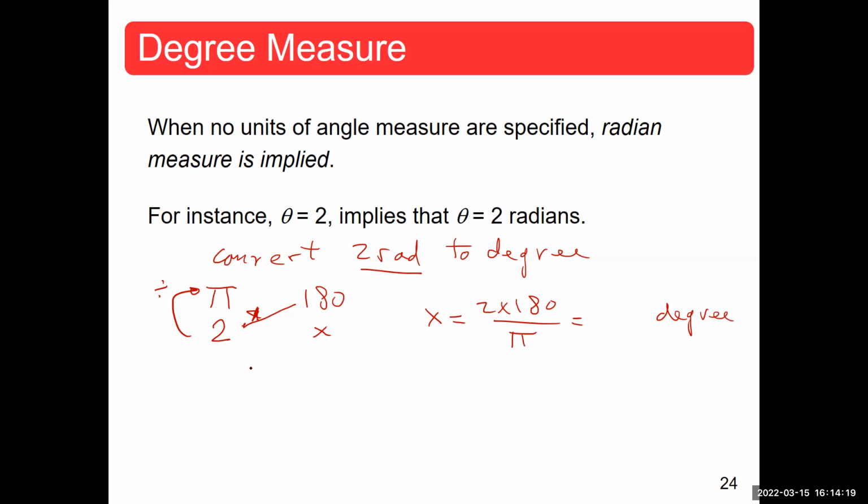All you have to do is 360 divided by the pi, you get the answer. 114.6? Okay, degree, that's the answer.